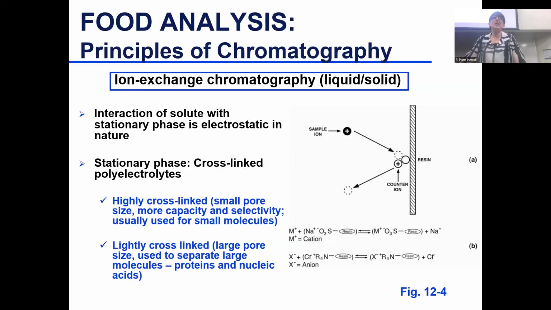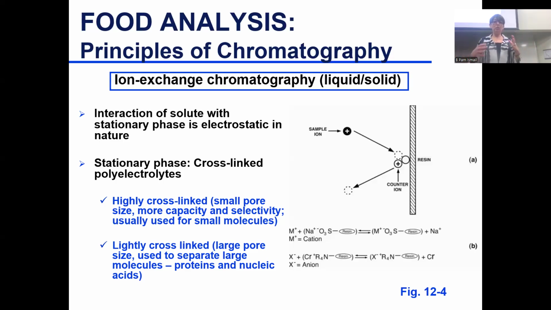In other words, electrostatic interaction. Charges. That's why it's called ion exchange, because it's a very specific type of interaction between the solute and your stationary phase. It's based on the charge and opposite charge, because same charge will repel each other.